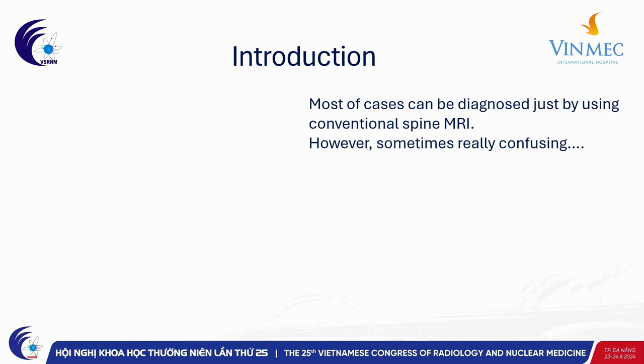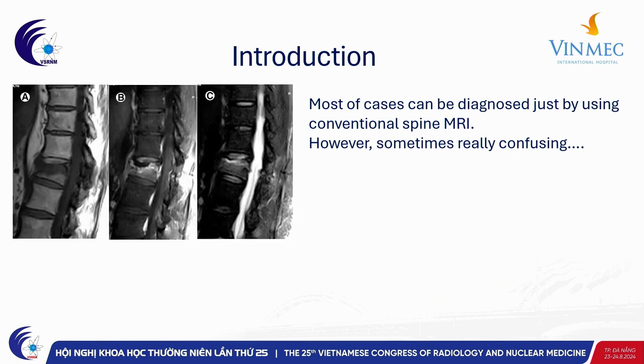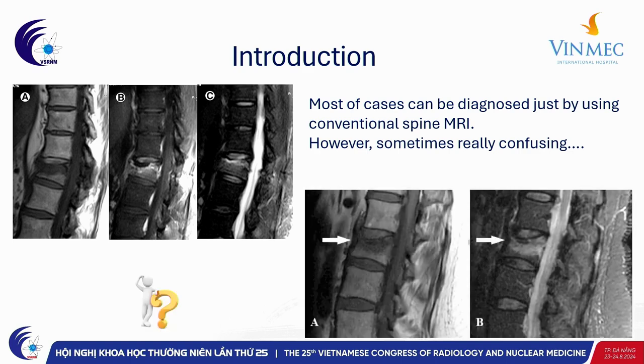Most of the cases can be diagnosed just by using conventional spine MRI, for example T1, T2, STIR. However, sometimes it can be really confusing. For example, in these two cases, both patients have vertebral compression.